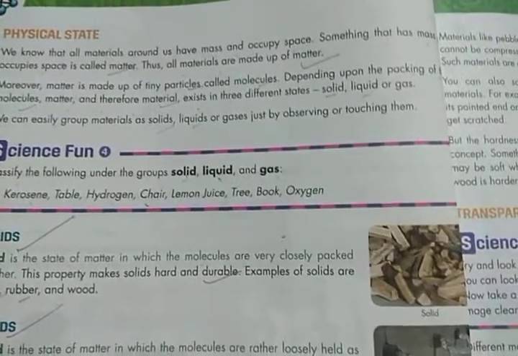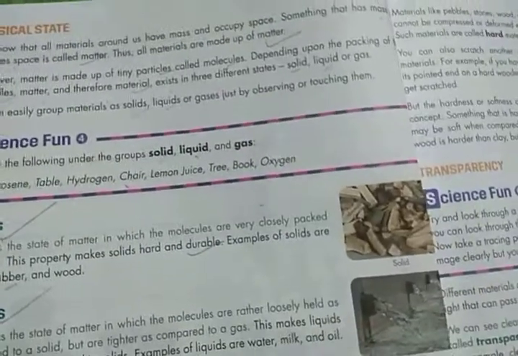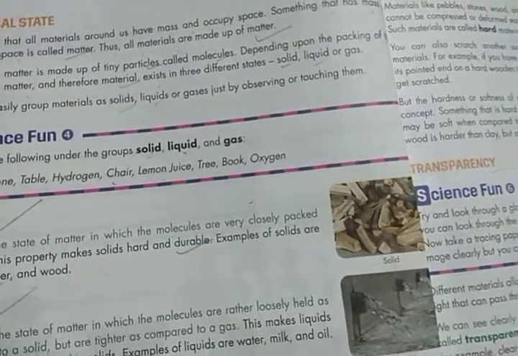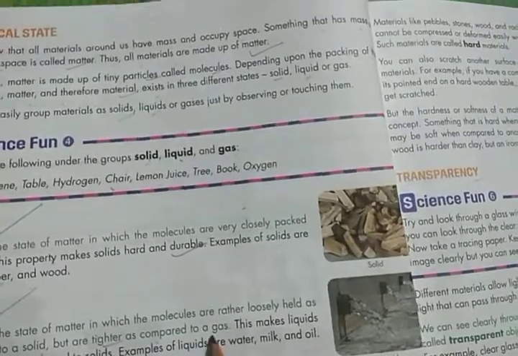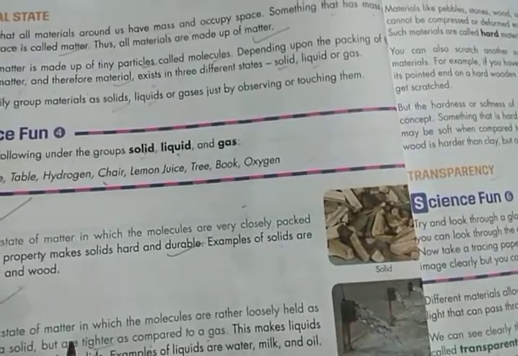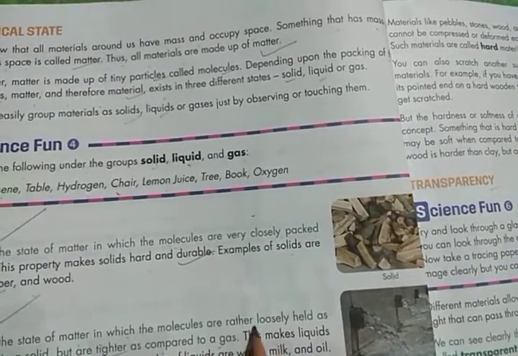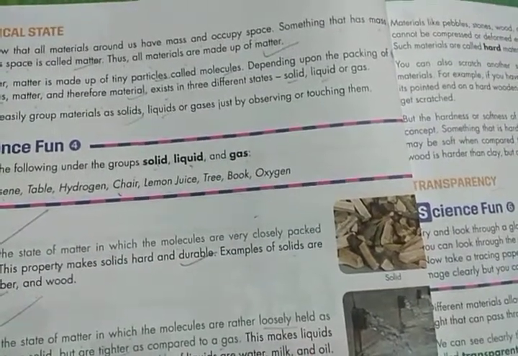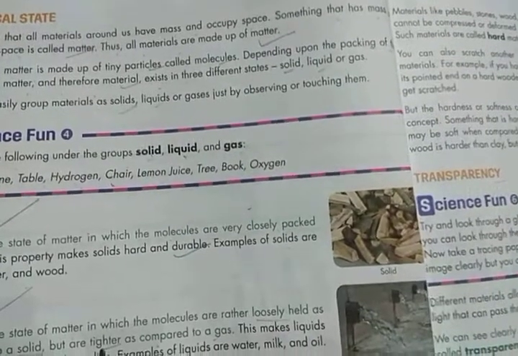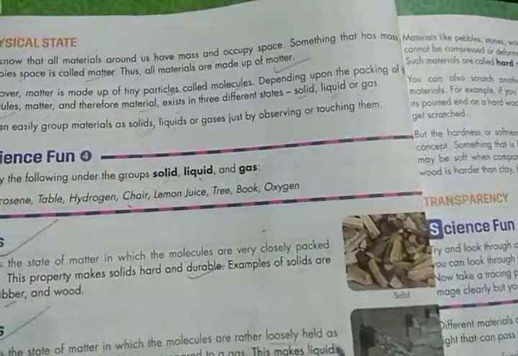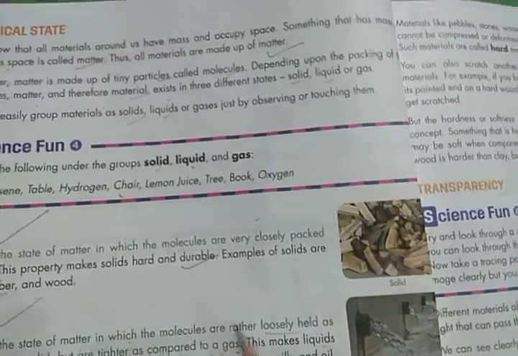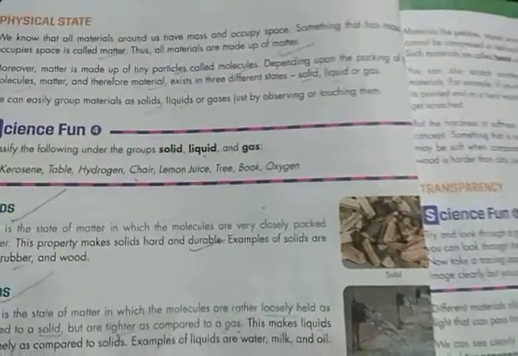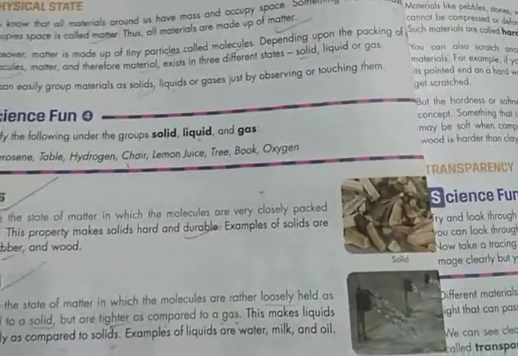Liquid is the state of matter in which the molecules are rather loosely held as compared to a solid but tighter as compared to a gas. This makes liquids move freely as compared to solids. For example, water, milk, and oil.